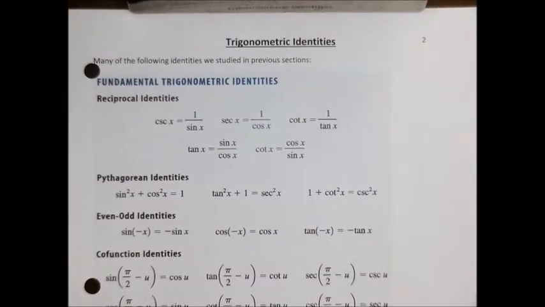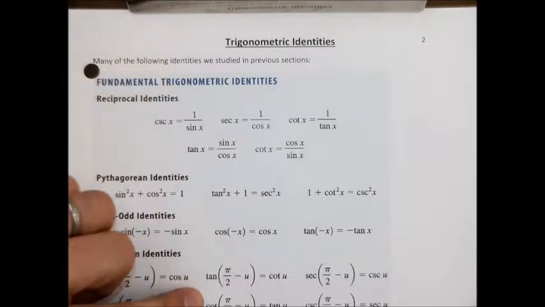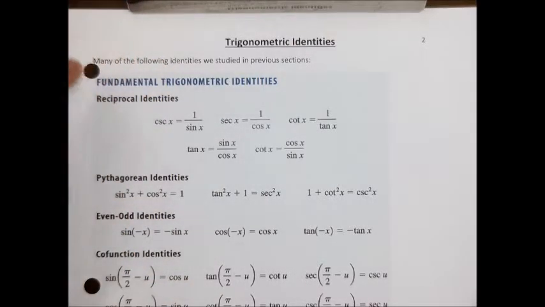But trig identities, which is the rest of the section, is the bulk of the important stuff that's related to future classes, specifically calculus. All the stuff in this box is just a collection of things that we've seen previously.